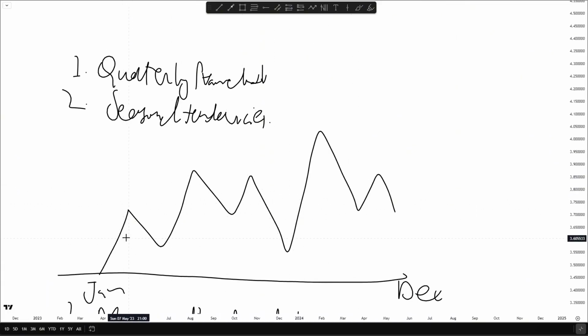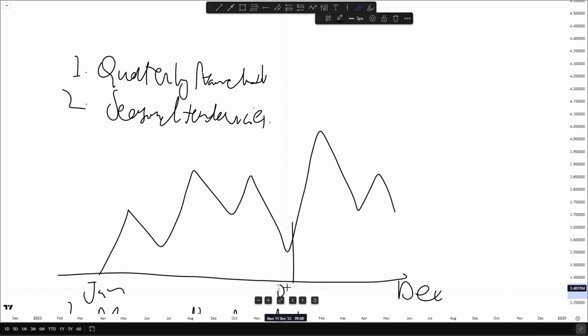Then based on this seasonal chart, we look at it and let's say we are trading in the month of October. This is the October's range. Now we look at how October has behaved, how this asset has behaved during October historically on average in the past 20 to 30 years.